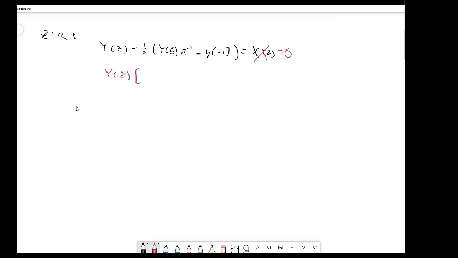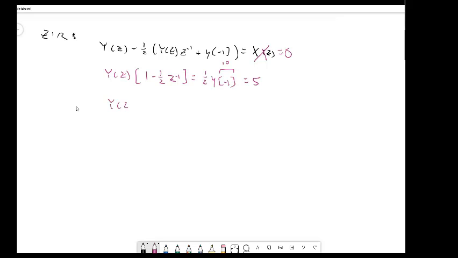We've taken our Y of z times 1 minus 1/2 z to the minus 1. That now equals 1/2 y of minus 1, bringing that term to the other side. And this we know is a 10, so it's actually equal to 5.